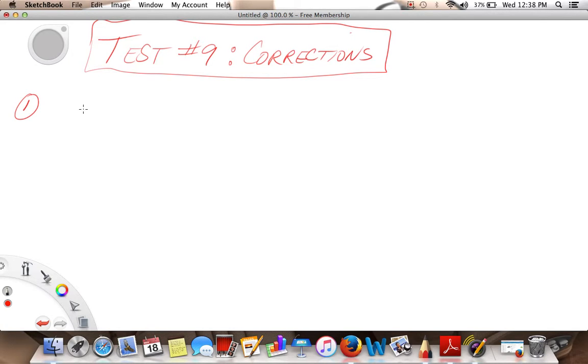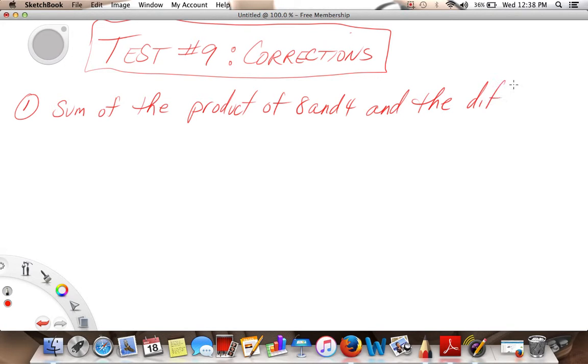careless mistake. It says, what is the sum of the product of 8 and 4 and the difference of 5 and 4? So sum of the product of 8 and 4 and the difference of 5 and 4.